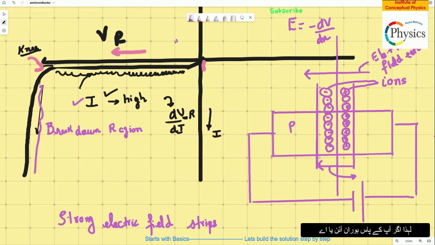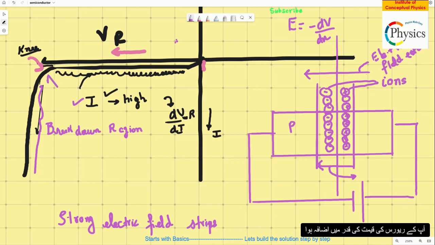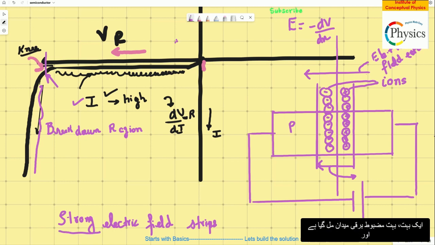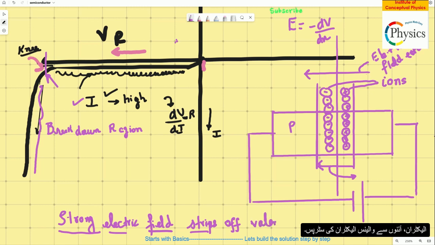So if you have a boron ion or a phosphorus ion, the electric field is so strong now, at this particular place, where you have increased the value of your reverse bias to such a large extent, that a very, very strong electric field strips off valence electrons from the ions.